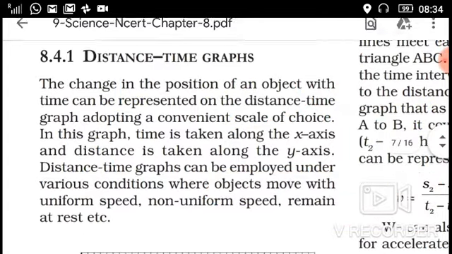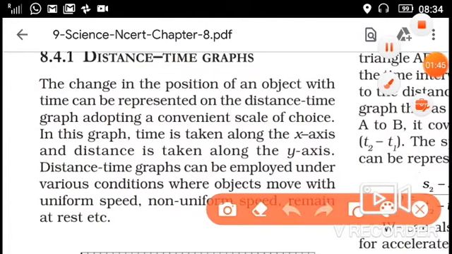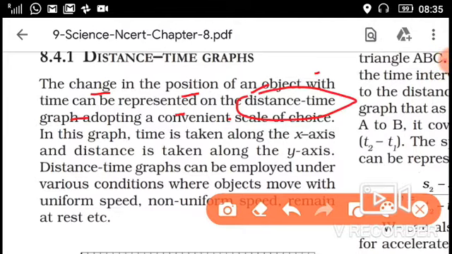Now, the change in the position of an object with time can be represented on the distance-time graph.